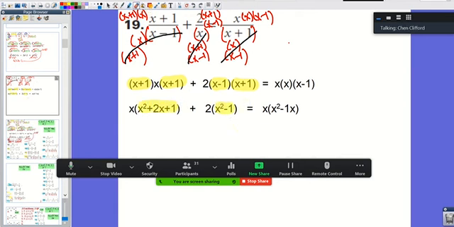And then over here, I distributed this to that, and I got that. You don't have to do it in that order. I just think this is the easiest way. Now you go ahead and distribute.